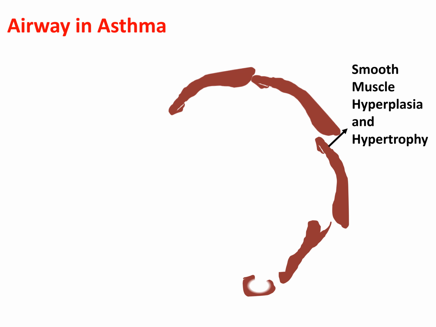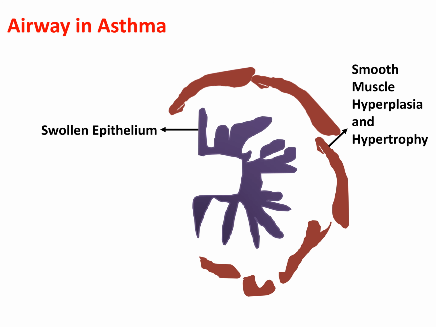So now let's take a quick look at the airway in asthma. We have smooth muscle hyperplasia and hypertrophy. We have swollen epithelium. We have a decreased diameter of the lumen.